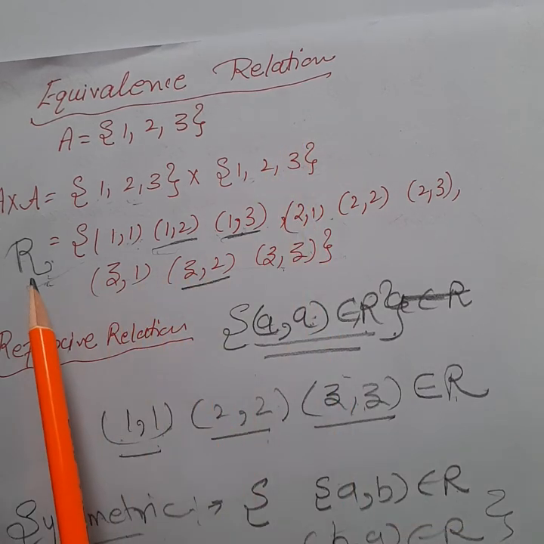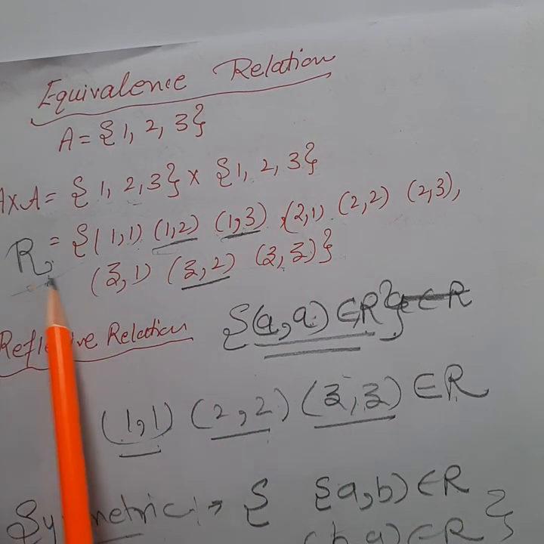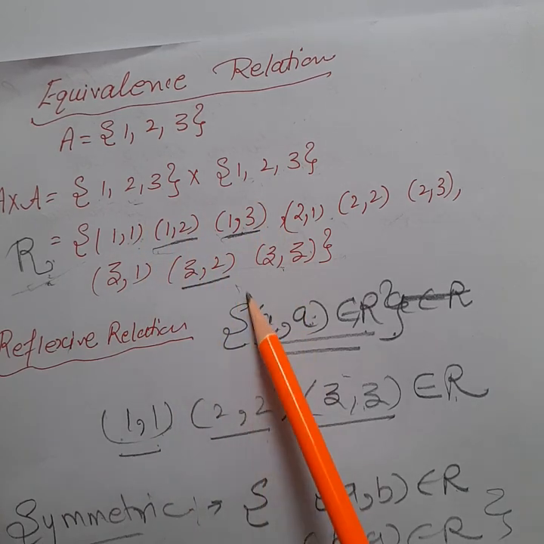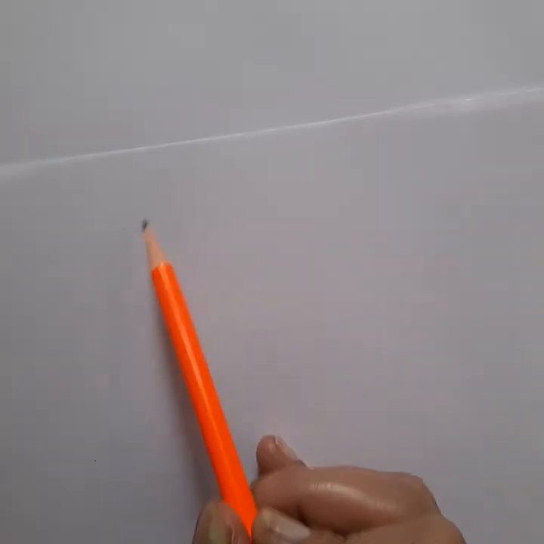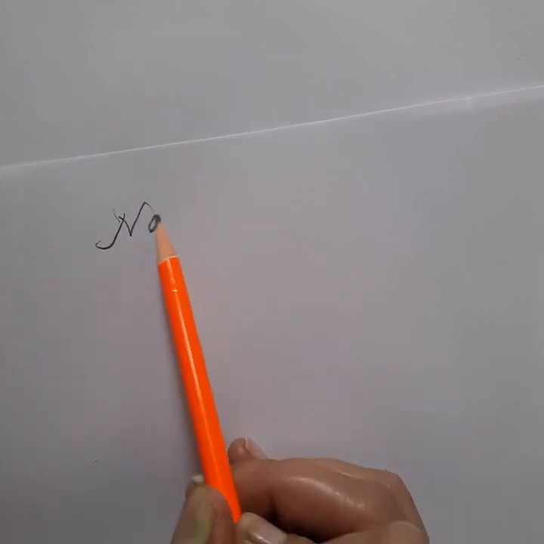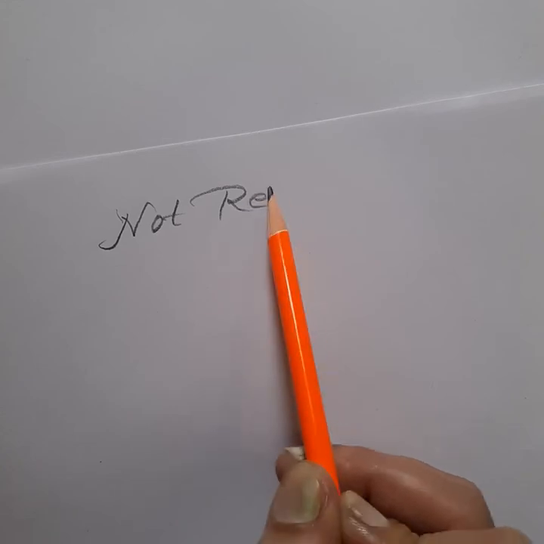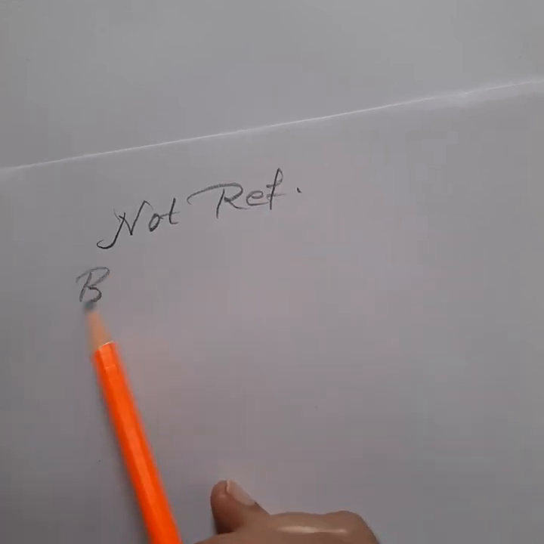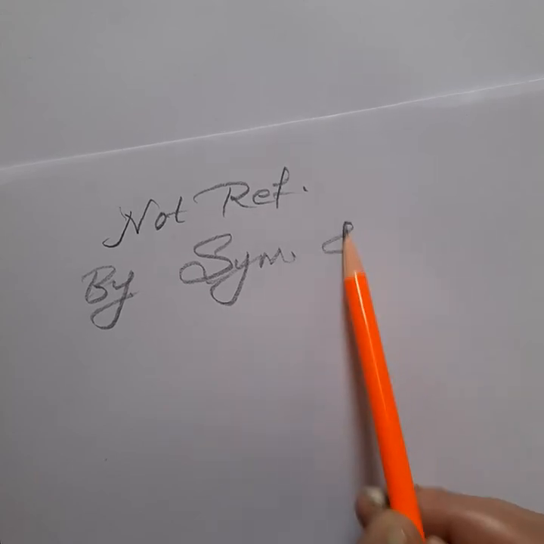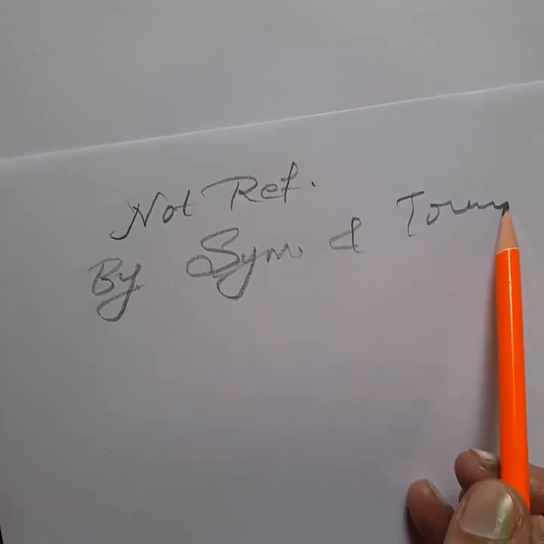But you may have any type of relation R. I have given you an example, and sometimes in the exam they ask you to prove or give an example of a relation which is not reflexive, but this relation must be symmetric and transitive.